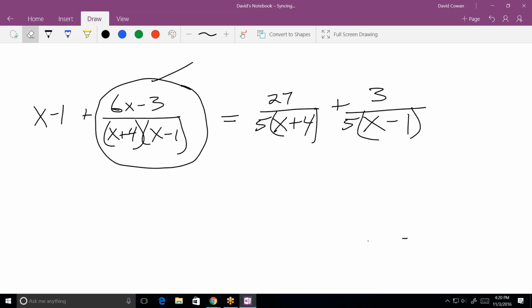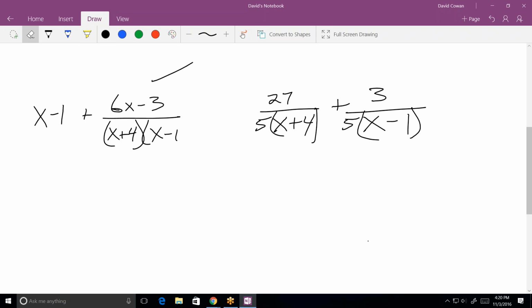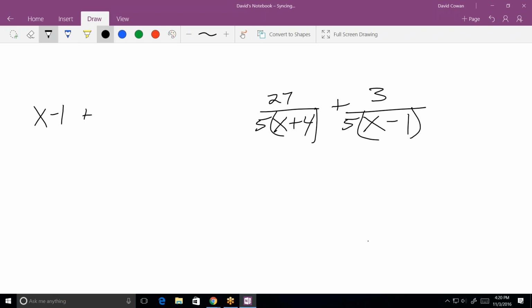Here's the full answer for the results of that partial fraction. The easier way to write it is like this, since I've already written that part. There you go.